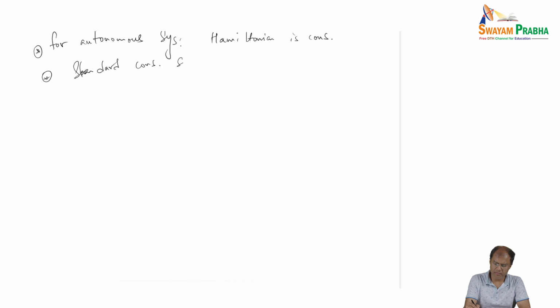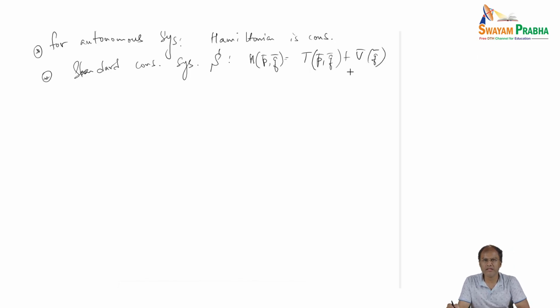Right? And for a standard conservative system, we have that H of P comma Q is, this is for a conservative system, equal to the kinetic energy plus the potential energy V of Q, right? We expect the potential energy only to be a function of generalized position or generalized coordinate.